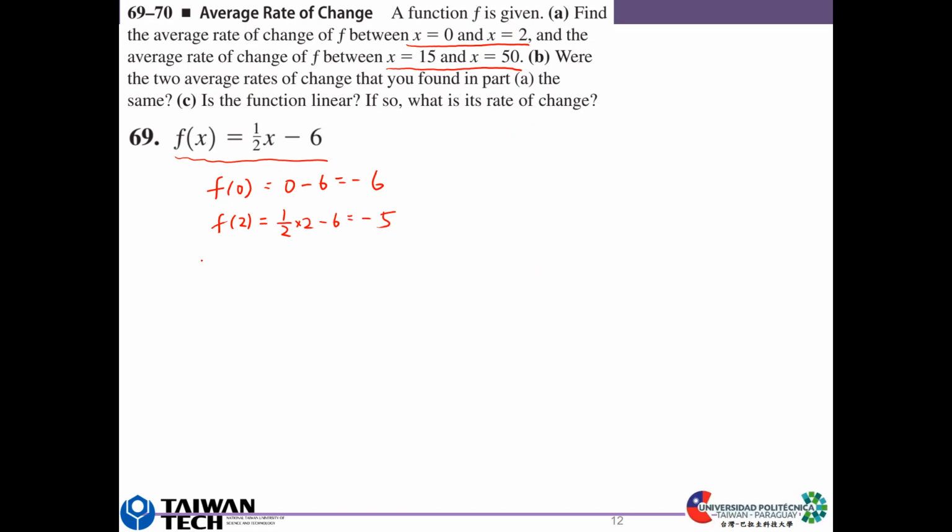So the average rate of change, let's say m1, is f of 2 minus f of 0 over 2 minus 0, right? This is the rate of change.